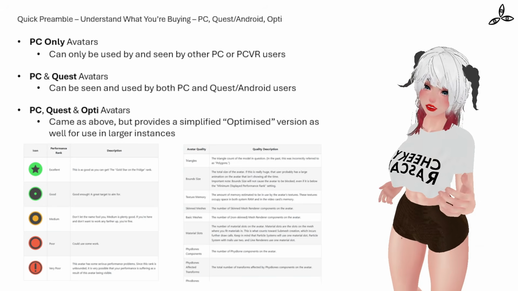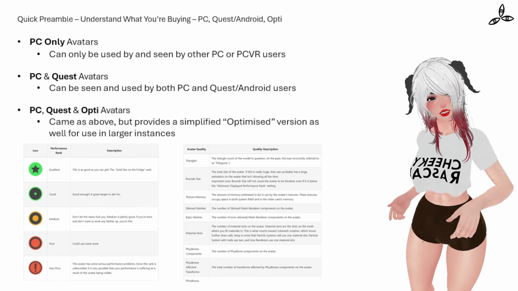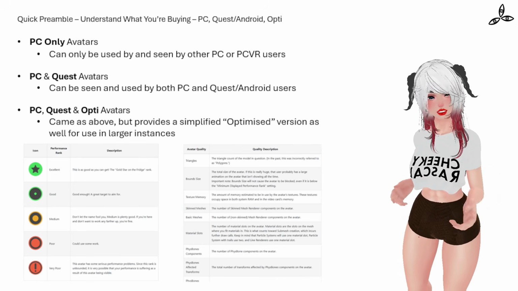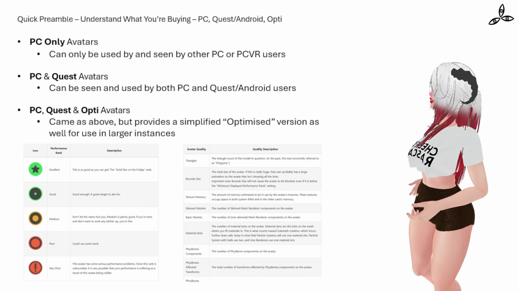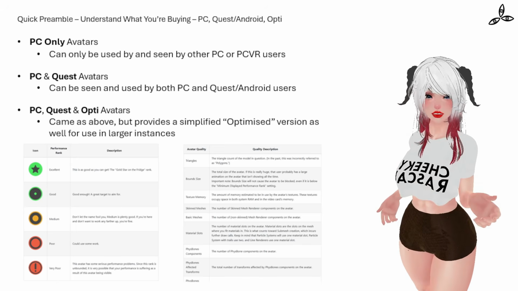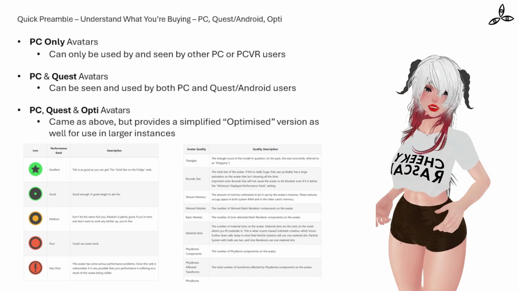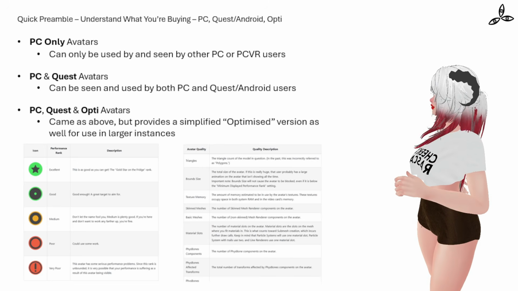In fact, even if you're on the PC and you buy a PC-only one, all the people on the Quest won't be able to see what your avatar looks like. They'll just see some fallback avatar or an imposter. So I think you owe it to yourself. There is such a high user base of standalone Quest users. Definitely go for PC and Quest, unless you've got a really specific reason not to.